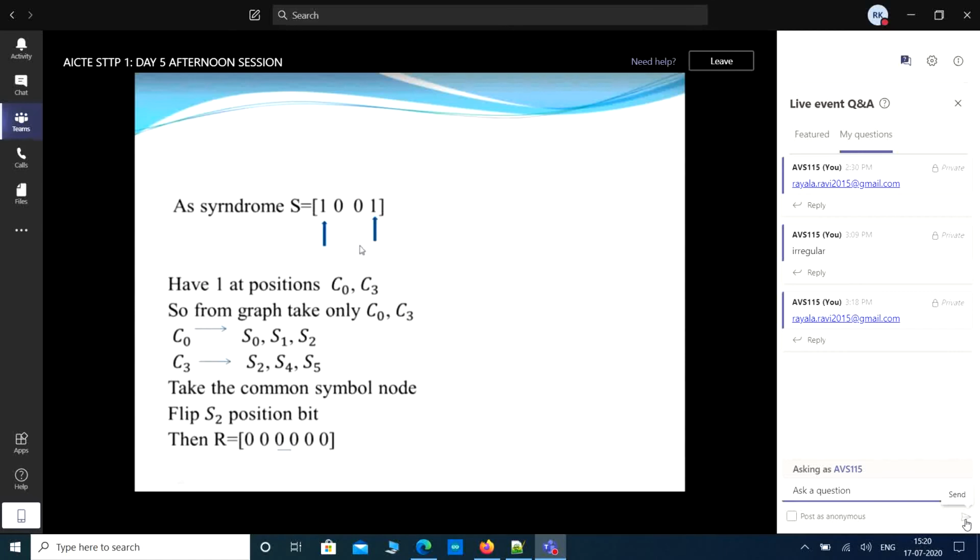The syndrome S contains ones only in the first and last bit. 1 means it is the active path and 0 means it is the inactive path. That is the meaning. So C0 is active and C3 is active.